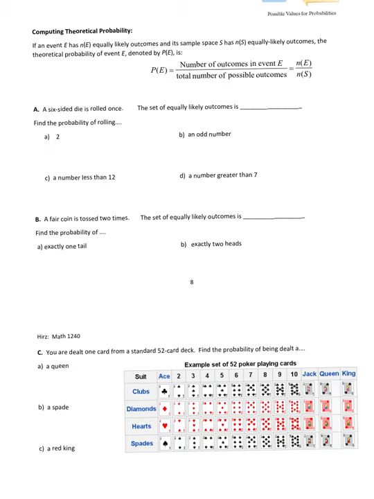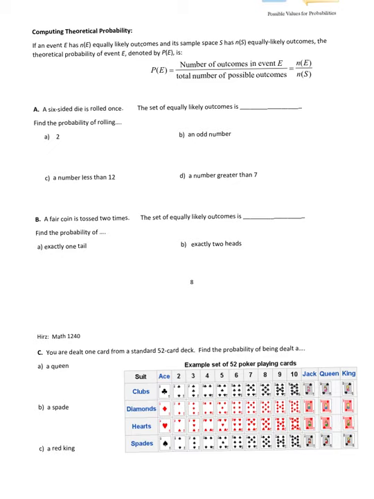The theoretical probability of event E, denoted P(E), is a fraction: the number of outcomes in the event that they're asking you for, divided by the total number of possible outcomes. So when we're looking at theoretical probability, we're not looking at anything that has actually happened. We're not looking at outcomes where you have rolled the die or flipped the coin or collected data. You're looking at it as theoretical.